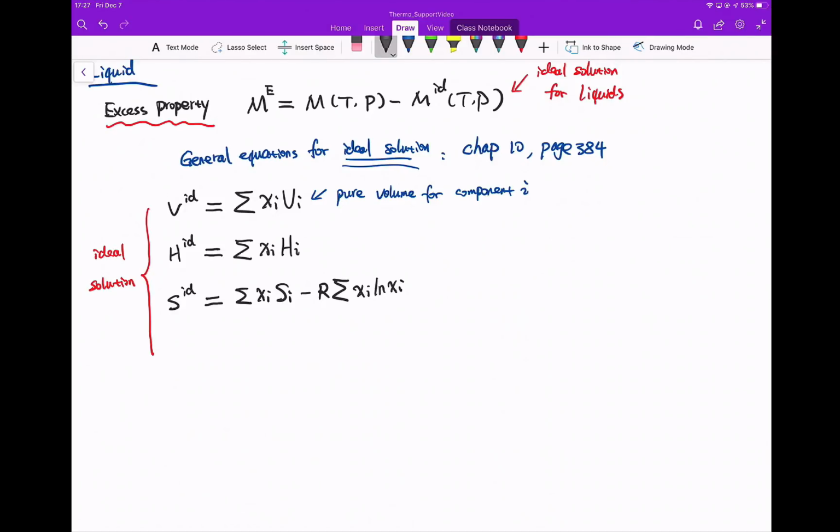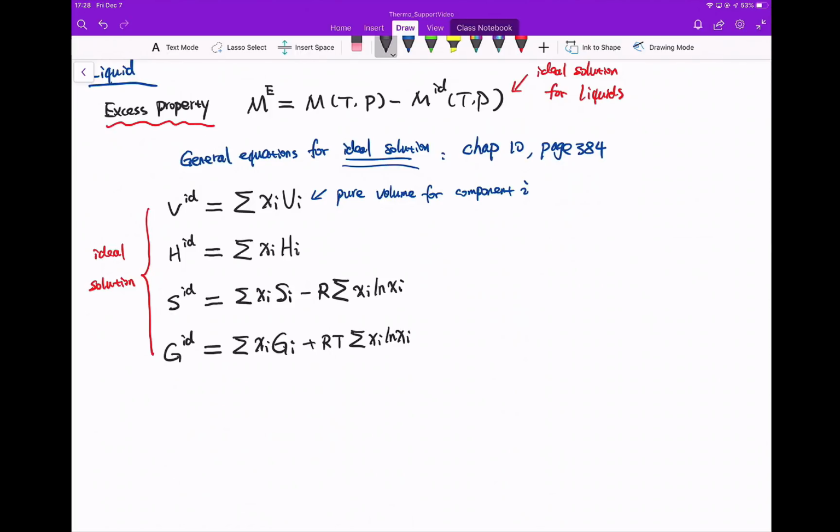Lastly, the ideal Gibbs energy will be the summation of xi times the corresponding pure component gi, plus RT summation of xi log xi.